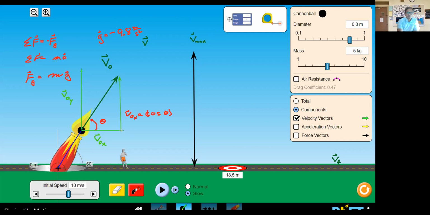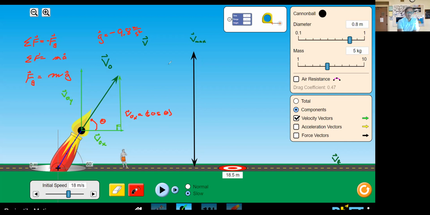So there's our right triangle. All I do is move this v naught y, the y component of velocity, over here, and then we have our y component. There's our right triangle with the angle theta right here, and the initial velocity itself, v naught, as the hypotenuse.